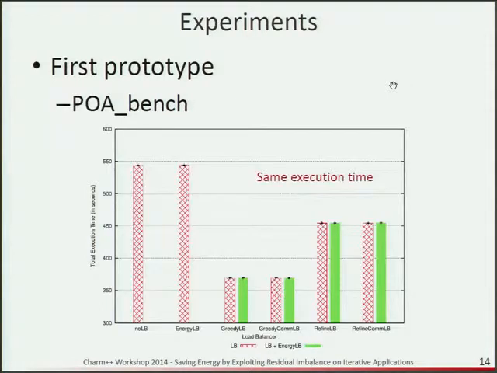And what we can see here is that in the red bars we have the total execution time, and in the green bars the total execution time when we're doing load balancing plus the energy module. And we're not changing the execution time when we're doing that, okay? So this is a very positive result for our initial results.